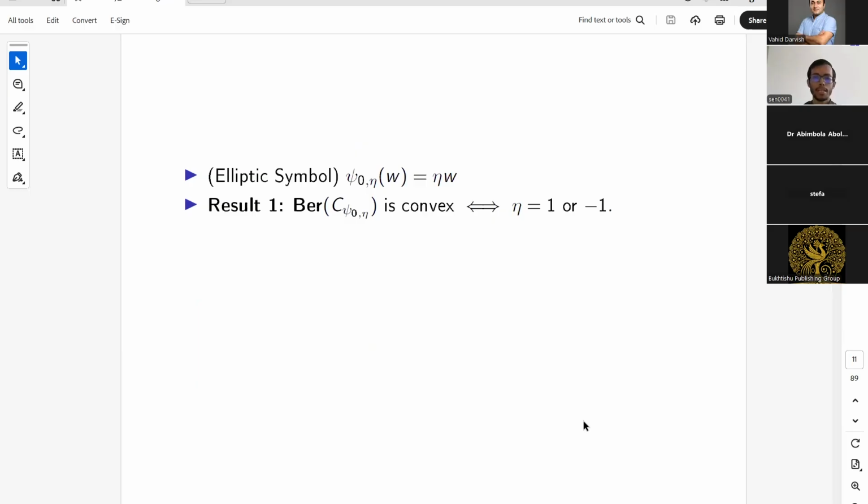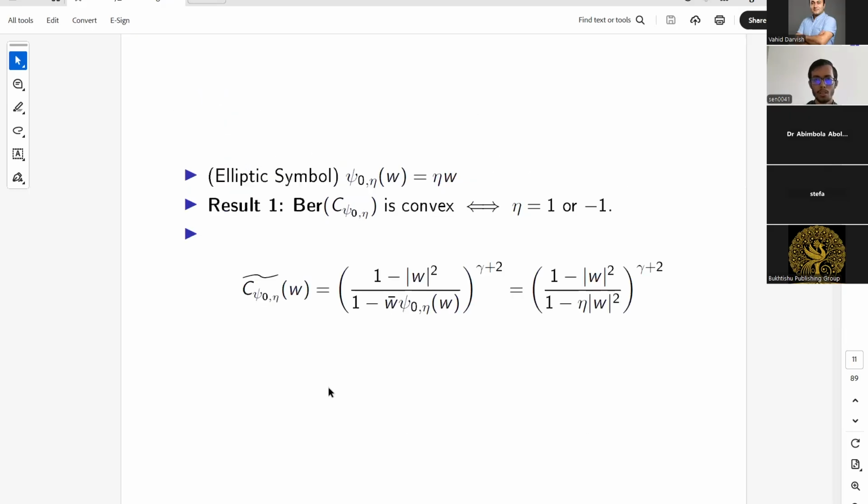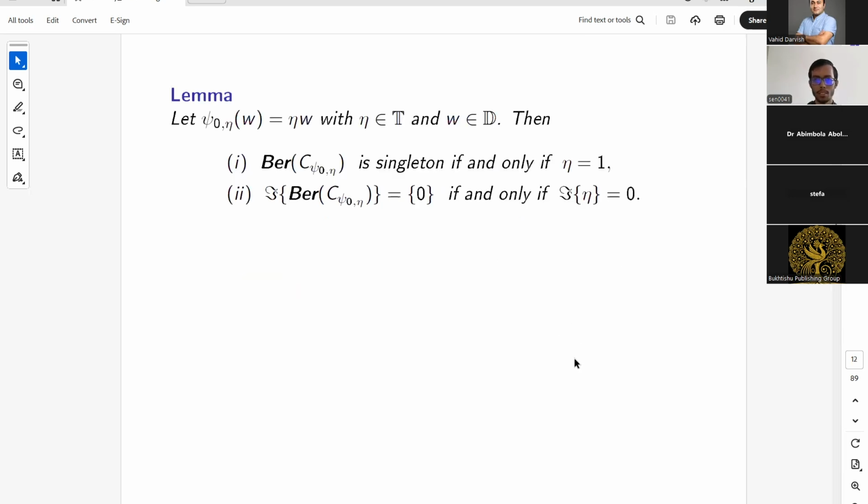And now we characterize the convexity for the composition operator with the particular elliptic symbol, that is psi 0 eta w, that is equal to eta w, and we prove that the Berezin range of this class of operators is convex if and only if eta is equal to +1 or -1. First we calculate the Berezin transform at the point W, and we get this.